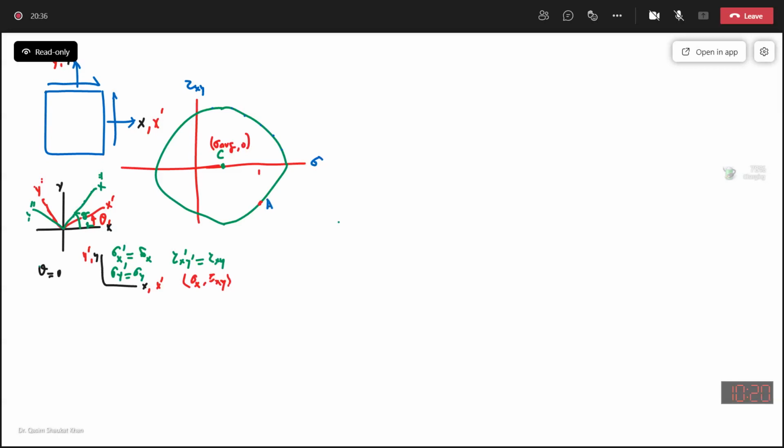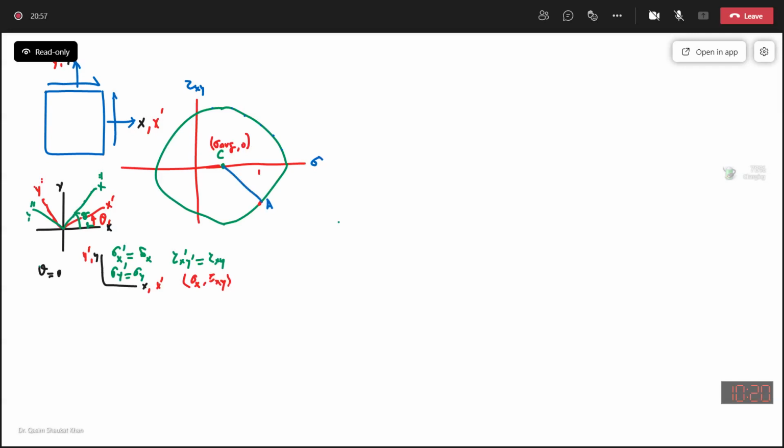So first you have to mark the reference point A. This is your C to A, your reference plane. This is for one given condition.